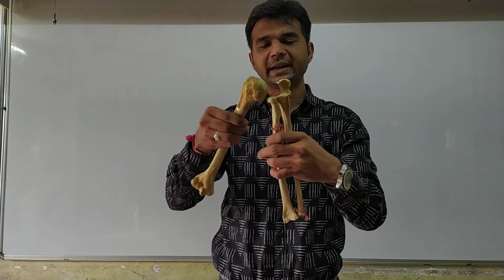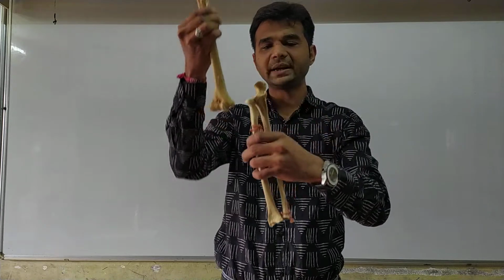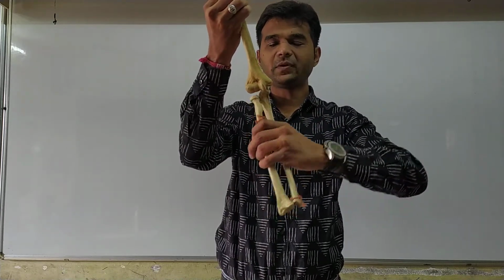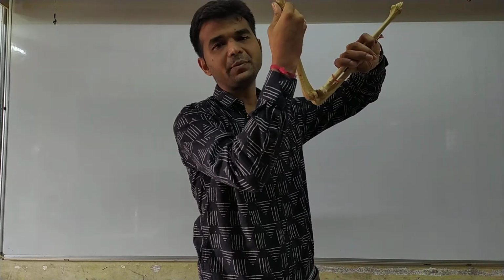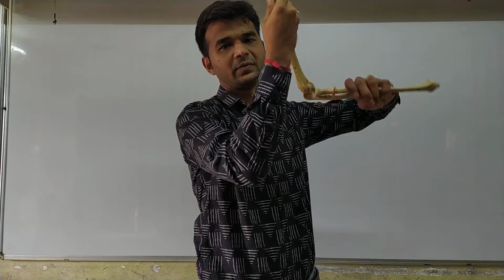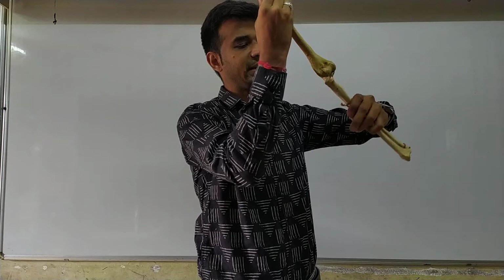So thumb side radius and little finger side ulna, and it forms the elbow joint. So elbow joint is a pivot type of joint. So it is unidirectional one.